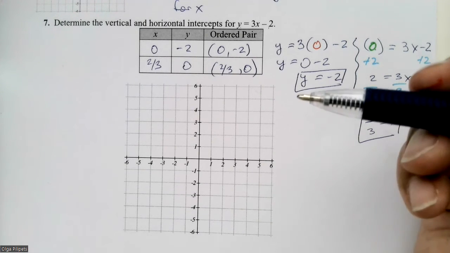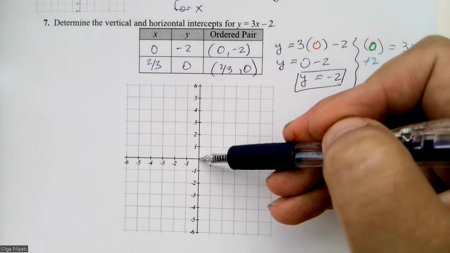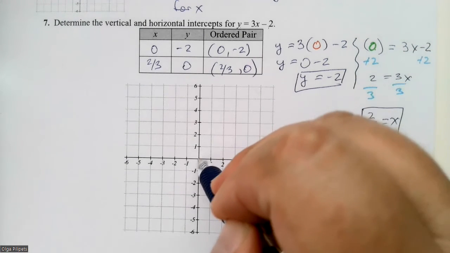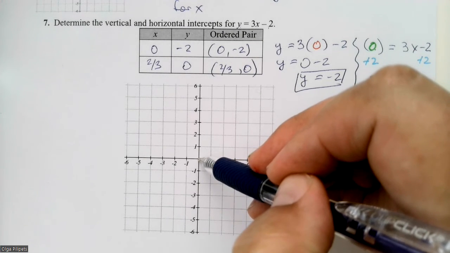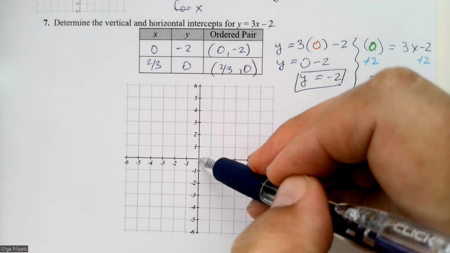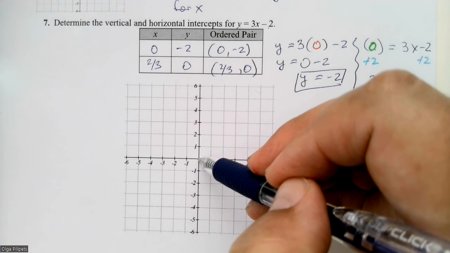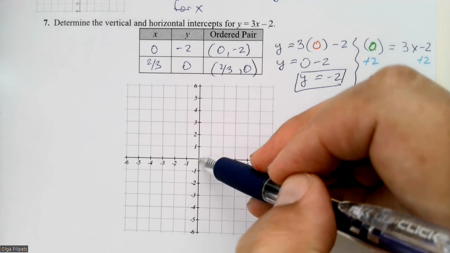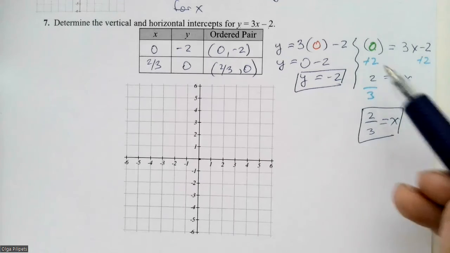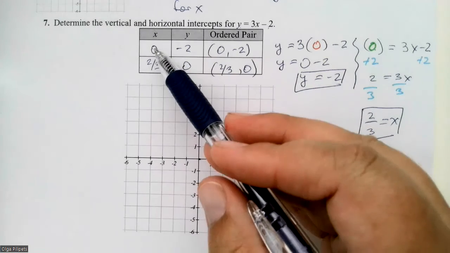However, sometimes when your line goes through the origin, your x and y intercept is the same point. So in this case, you would still have to find a second point, any second point. It will not be an intercept, just any point. Okay, but let's plug these ones in.